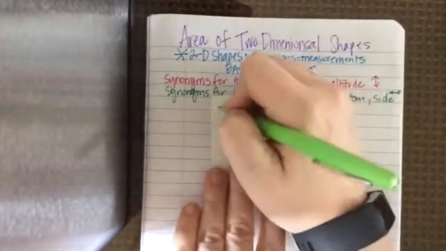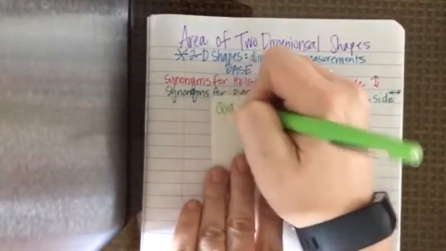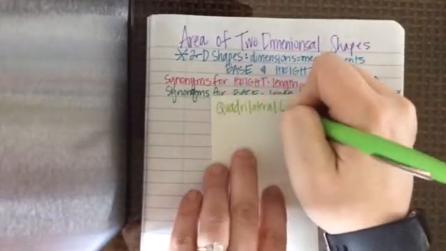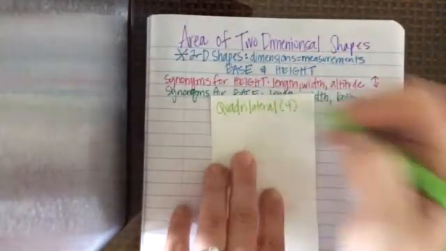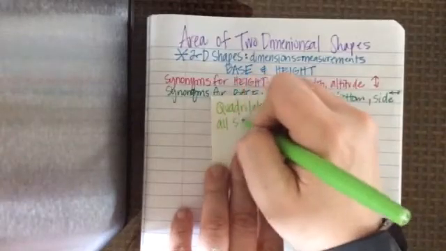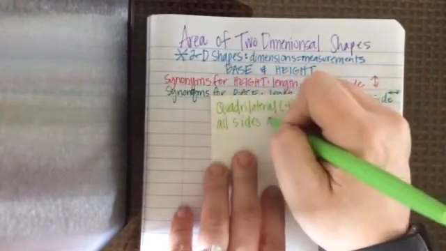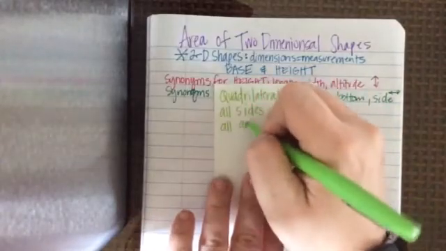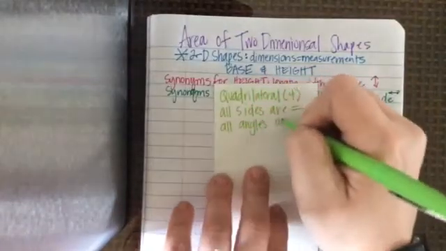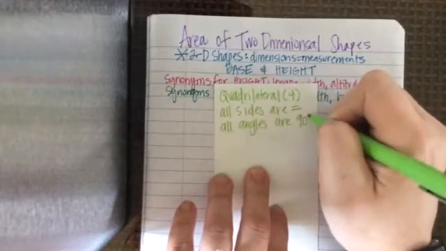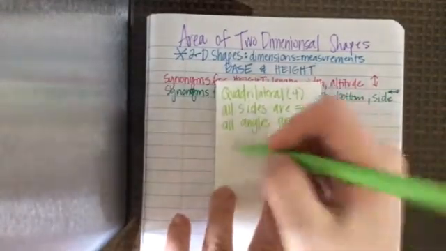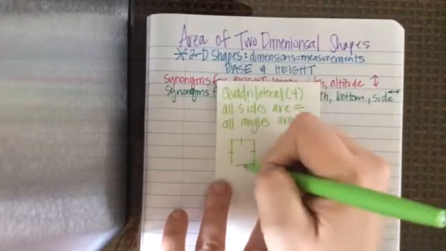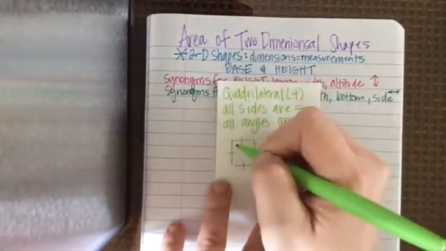A square is a quadrilateral, means 4, where all sides are equal and all angles are 90 degrees. Sometimes it's shown like that. Those lines mean that they're all the same.